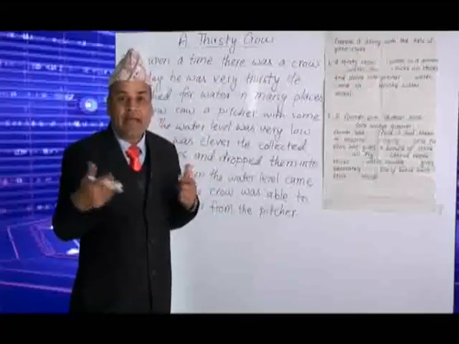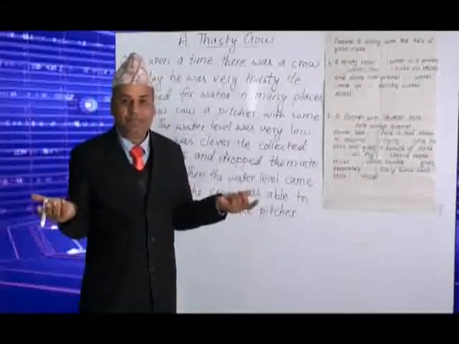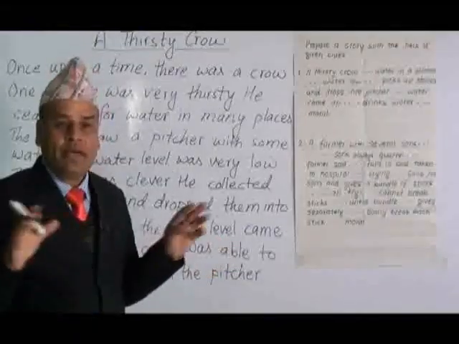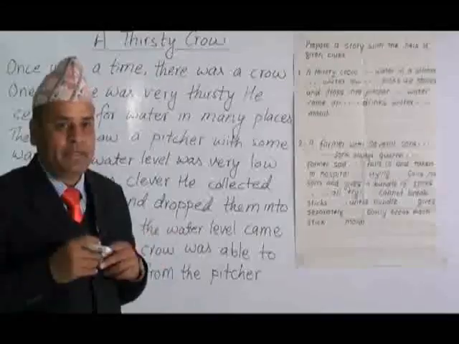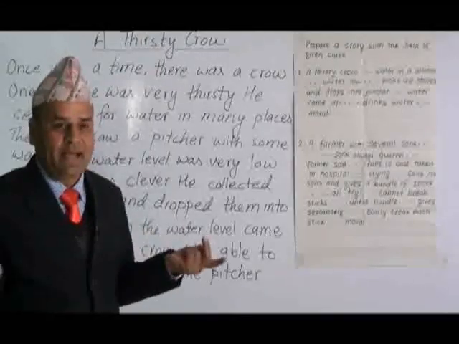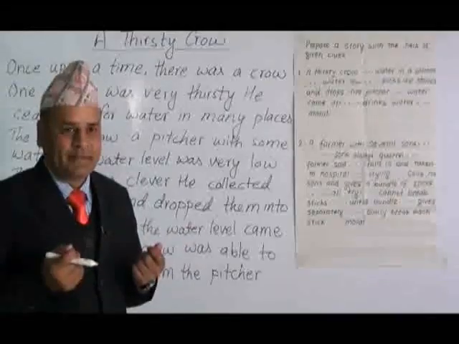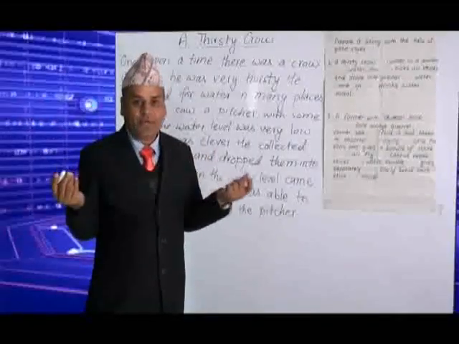In the beginning, the bird had a problem because the bird was thirsty. There was no water. The bird wanted to drink water, and nobody helped the bird to drink water. But because of self-trick, self-idea, the bird was able to drink water.